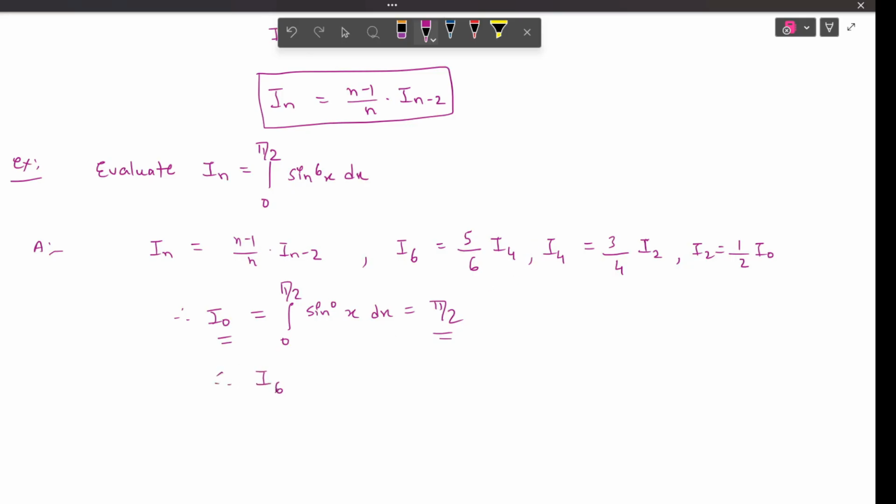So we can say that our I6 is 5 by 6 into I4. I4 is 3 by 4 into I2. I2 is half of I0. I0 is pi by 2. Okay. And if you calculate, you will get I6 as 5 pi by 32.